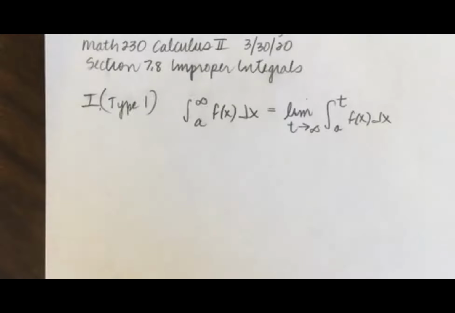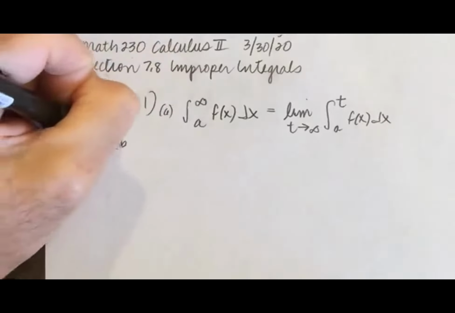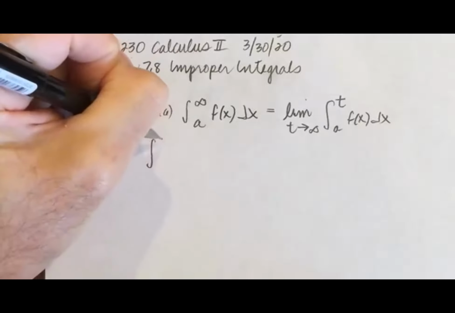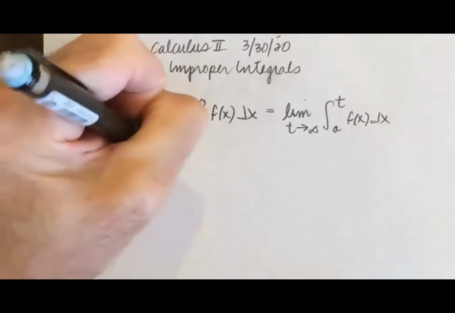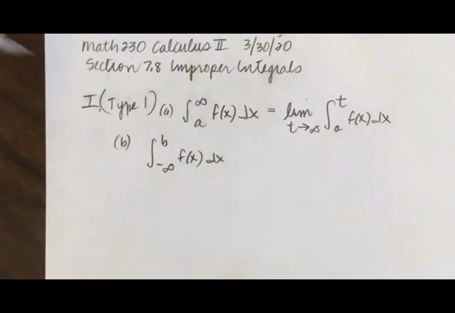It's been a little while since we've been working on limits, but of course we spent most of fall semester working on limits. So we'll dredge some of that back up and try to remember how to do these kind. We can call this a if you like. This also works if you go from b all the way in the opposite direction, and it works just exactly the way you would expect.